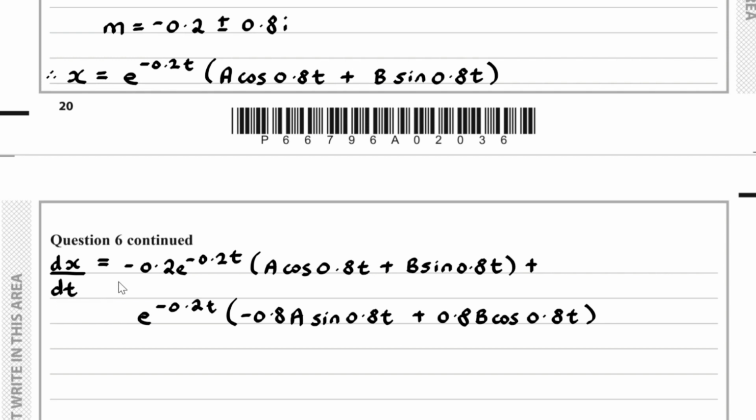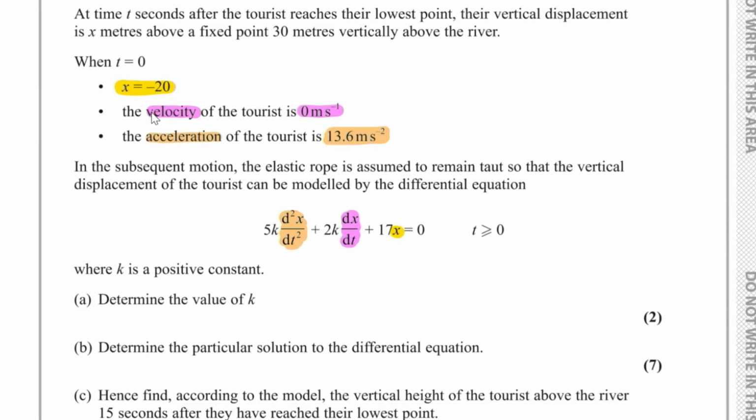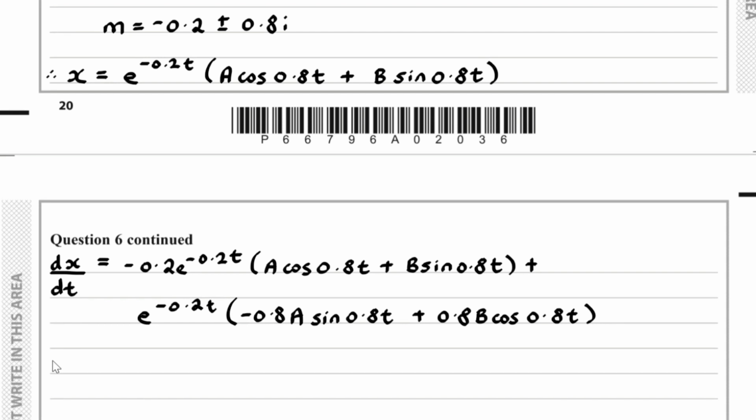So now let's substitute in our conditions. We know when t is 0, x is minus 20. So when t equals 0, x equals minus 20.